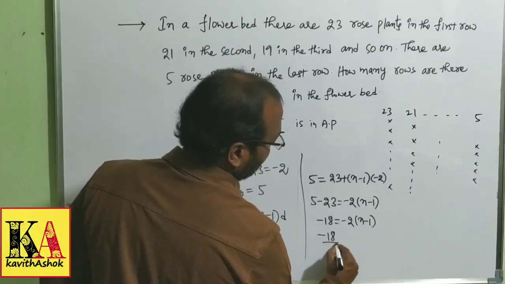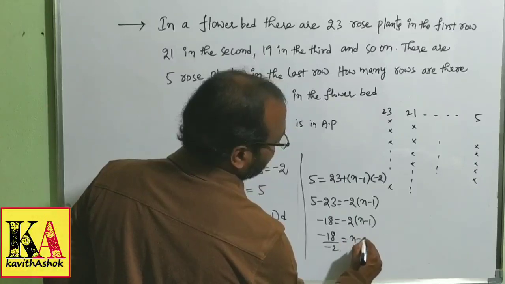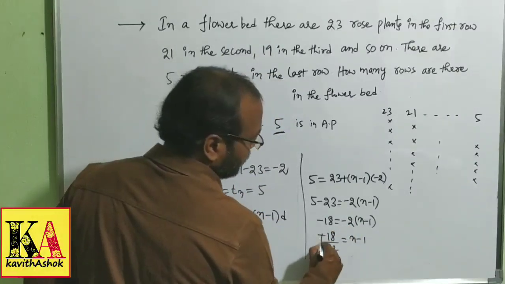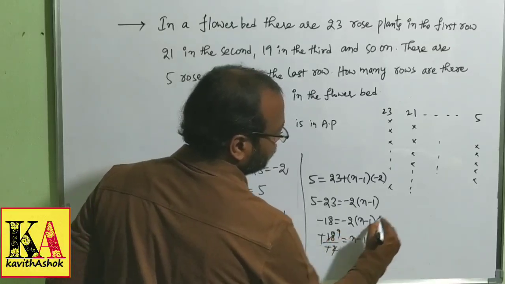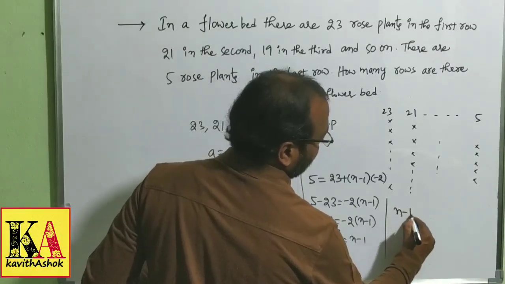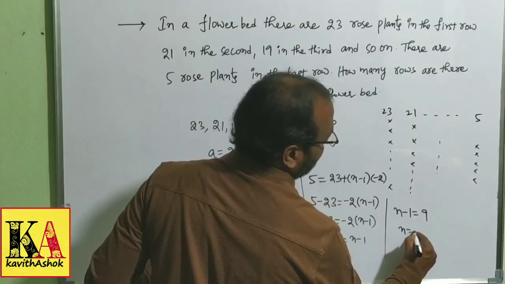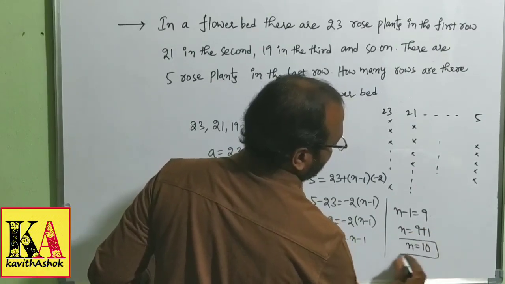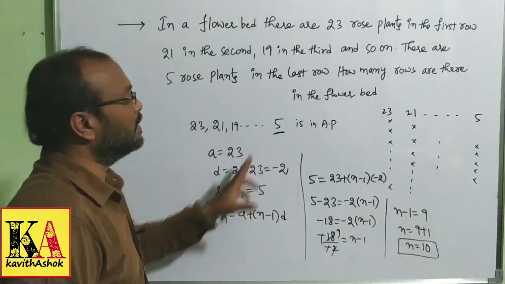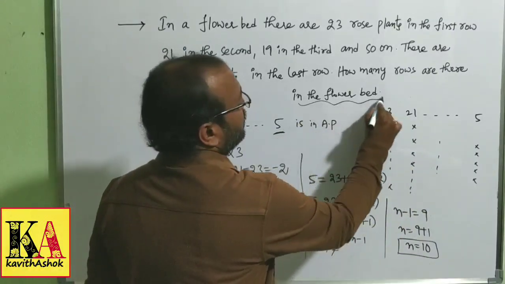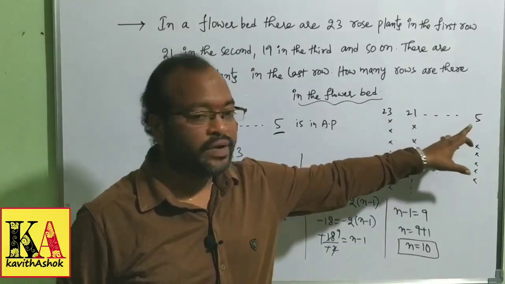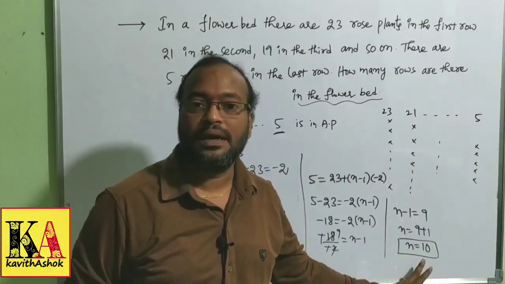Minus 18 by minus 2 is equal to n minus 1, because taking this term to the left, multiplication becomes division. The minus signs cancel, giving 9. So n minus 1 is 9 and n is 10. Total 10 rows are there in the flower bed. Is it clear? The first row contains 23, the second 21, the last 5.